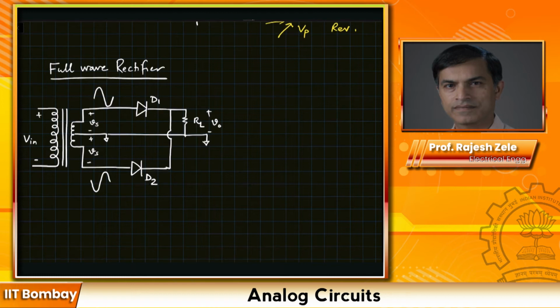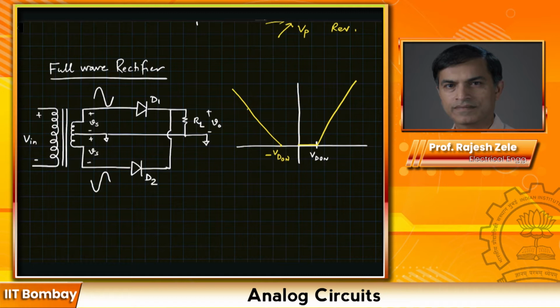So let's draw the transfer characteristic. This would be your Vd on. When diode D1 is turned on, the characteristic will look like this. And when diode D2 is turned on in the negative cycle, this would be your minus Vd on, and we should see a characteristic that looks like this.